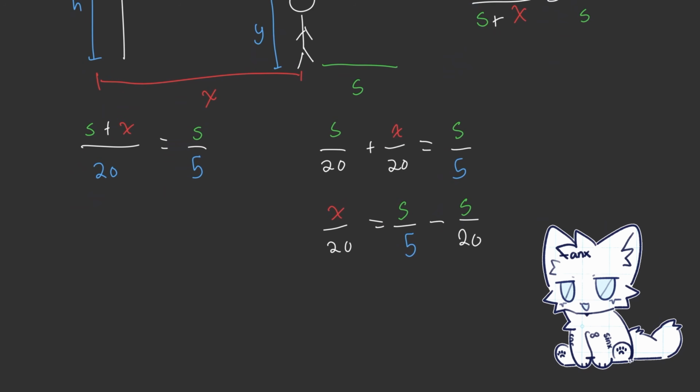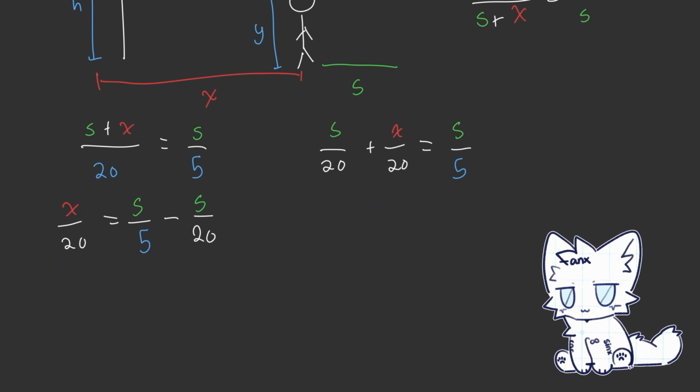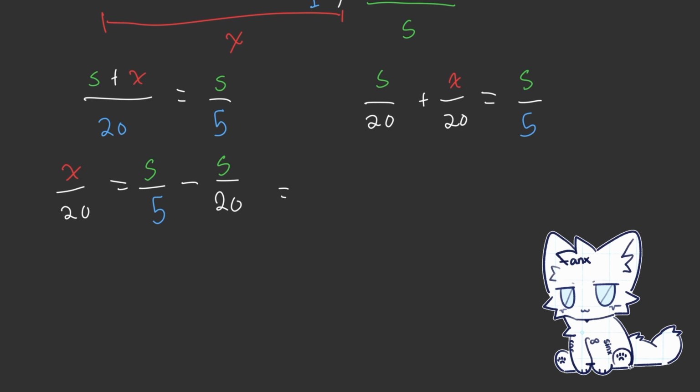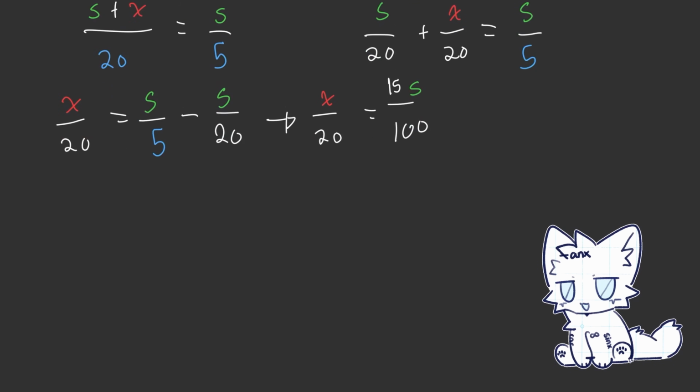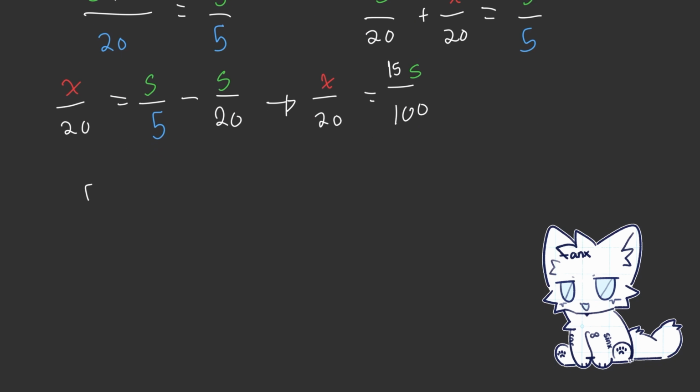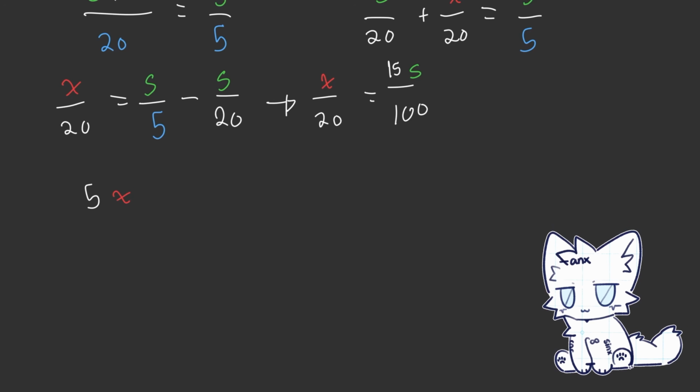And simplifying this out, we should get x over 20 equals 15s over 100. And now, to isolate s, we can do 5 times x divided by 15 is equal to s.